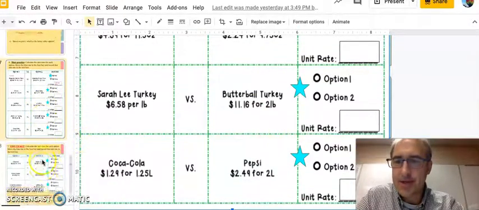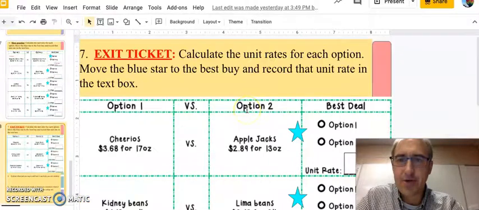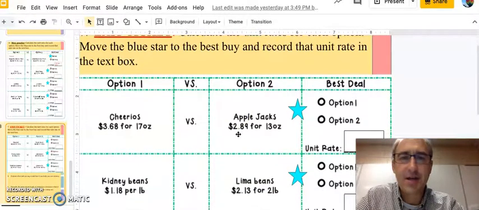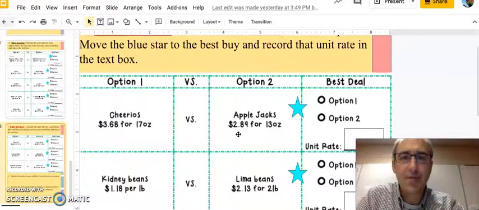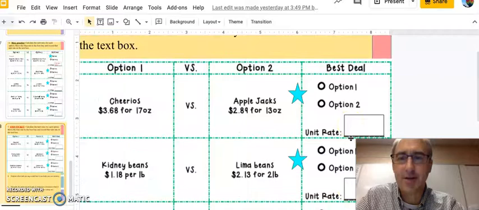You're going to finish this page, and we've got another page here for you. Here's your exit ticket. You're going to calculate your unit rate for these options. You're going to move the blue star to the best price. Again, you're going to record that unit price rate in the text box for that best priced item.